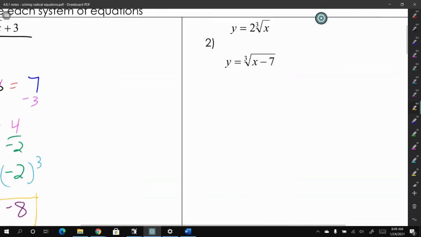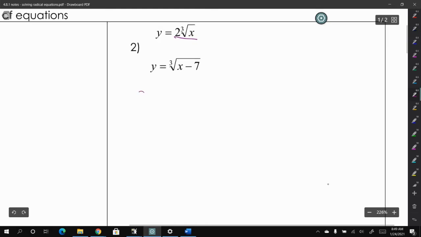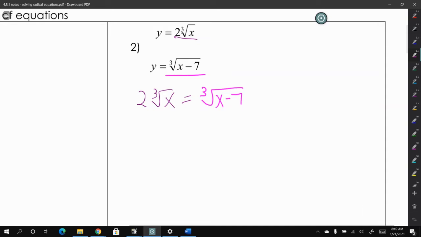We go and look at this problem. It looks a little bit more complicated, but we'll do the same thing. We'll do 2 times the third root of x is equal to the third root of x minus 7. So here we have a cube root on both sides.